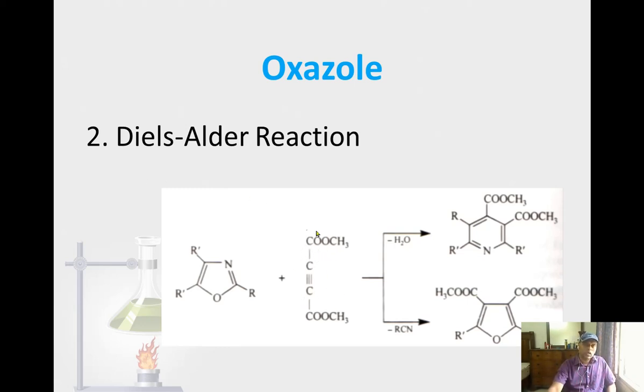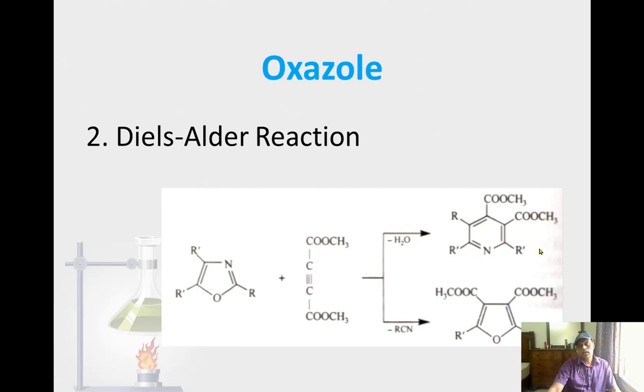So it's going to react with the alkyne here, as you can see in the Diels-Alder reaction, right? It's going to give two different products, but the products you get are not actually the substitution of oxazole.